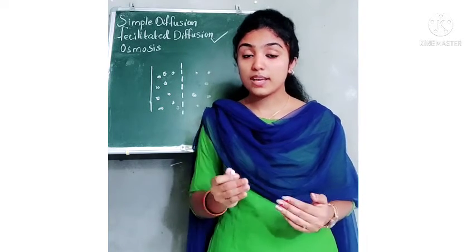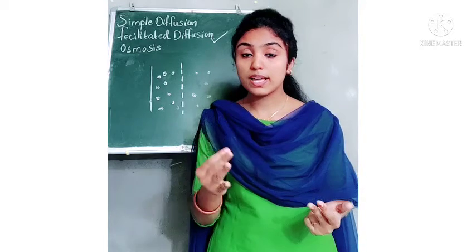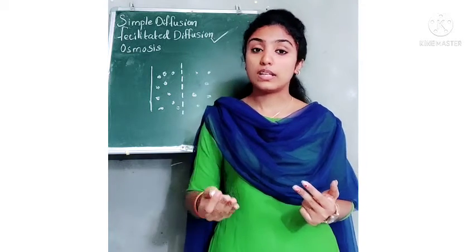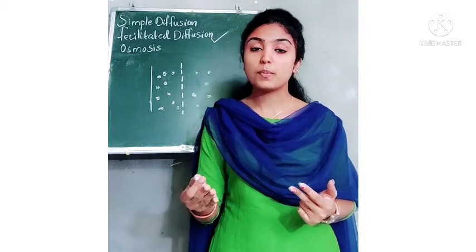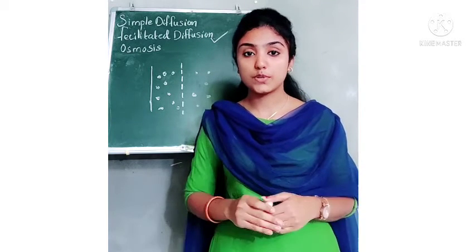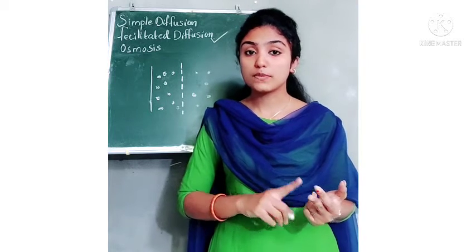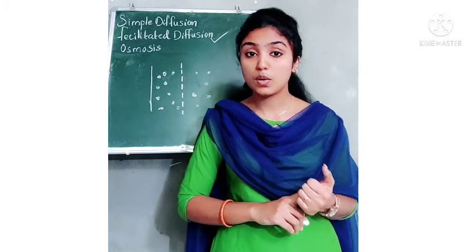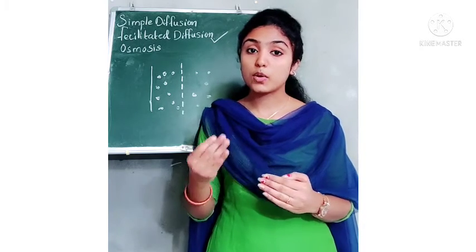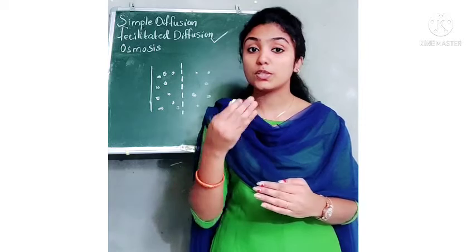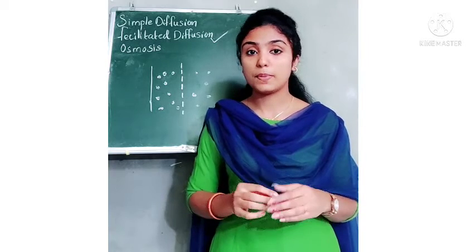The nutrients like fatty acid and glycerol get absorbed into lacteal or into lymph by the process of simple diffusion, and the simple nutrients like glucose, fructose, galactose and amino acid are absorbed by facilitated diffusion into blood through blood capillaries.